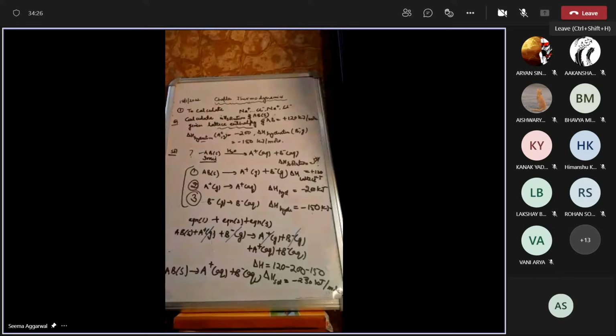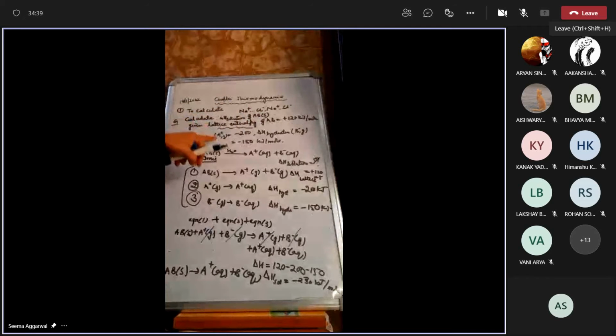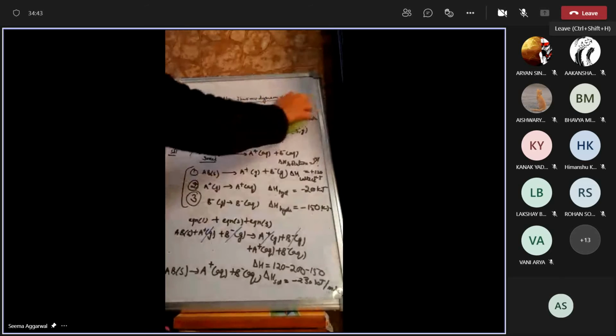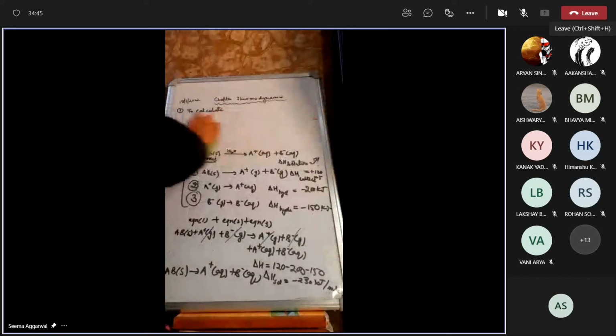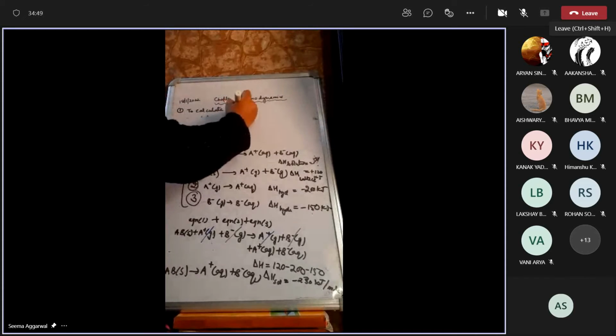There are certain reactions whose enthalpy we cannot calculate directly, so that is done by an indirect method. Like if I have to calculate the enthalpy of solution of an ionic solid, I should know the hydration enthalpy and the lattice enthalpy, and then we can calculate it. So one application of Hess's law is to calculate enthalpy of solution.